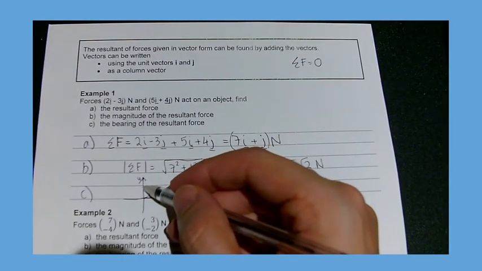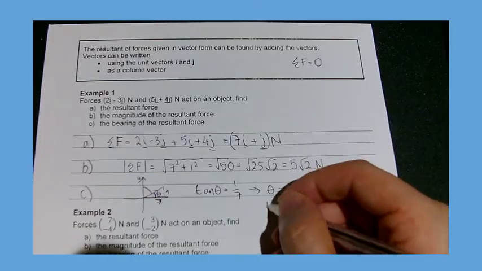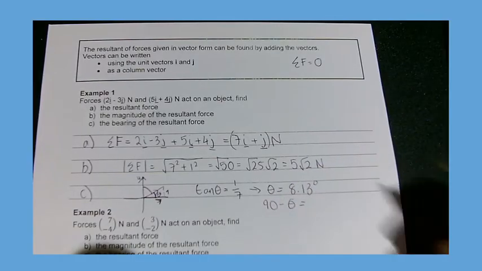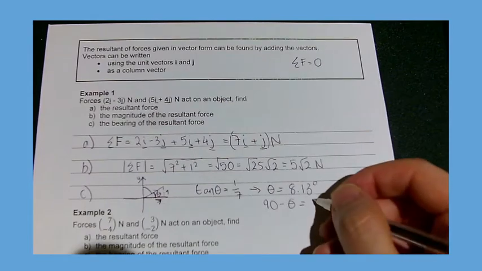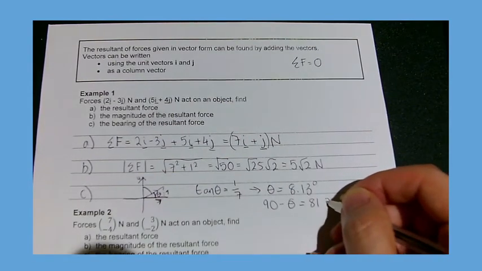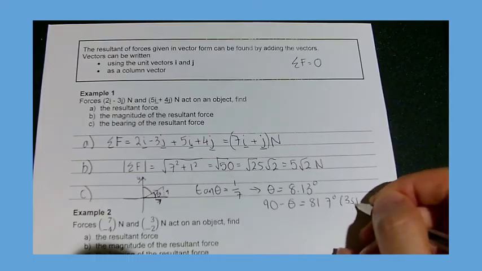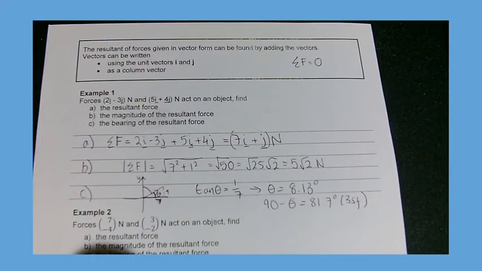But we want the bearing from the y-axis, so you've got to do 90 minus this angle, which is 81.7 degrees to 3SF. That is the bearing.